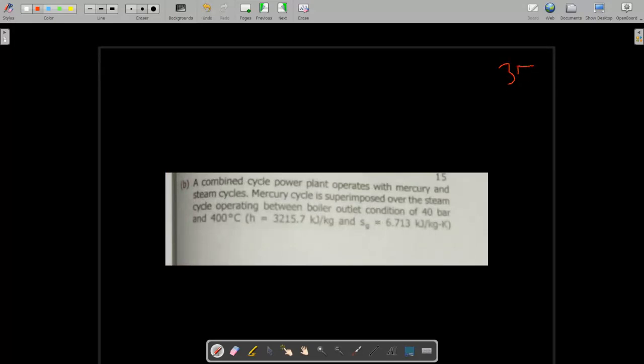This is a 35 marks question. This is 15 marks assigned for the upper question. One more thing, in yesterday's lecture I solved a combined cycle plant, but that combined cycle plant was a gas turbine and steam turbine cycle.